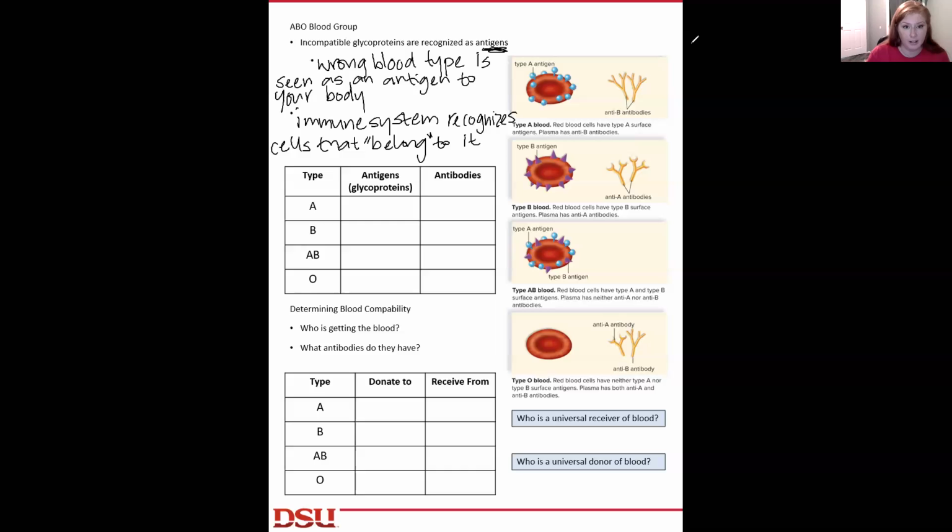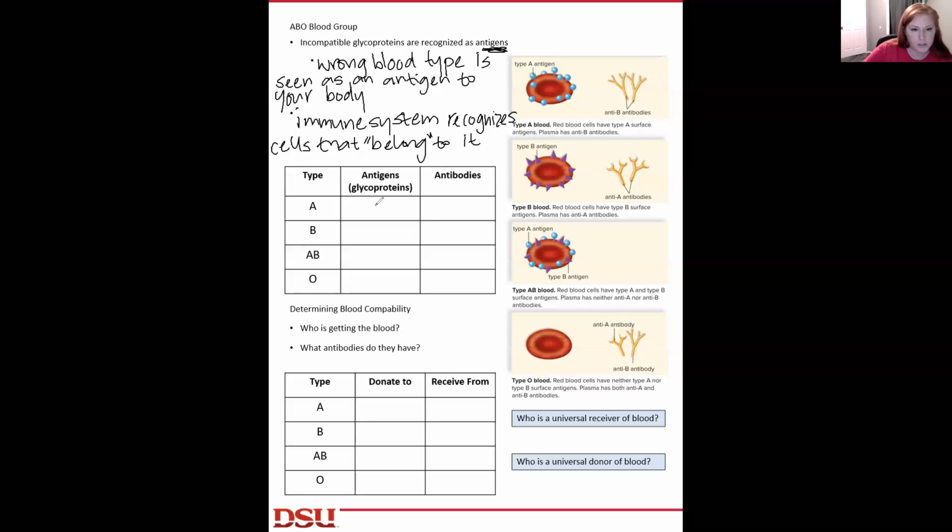It calls in the big guns to come and destroy it because it's foreign. These self markers are kind of like having a name tag on all of your stuff. And so if you get a blood transplant from somebody else that has the wrong antigen on the surface, the body says, that doesn't belong to me, does not have my name tag on it, has somebody else's name tag on it, we are going to destroy it. The body's a little possessive when it comes to keeping what belongs to it.